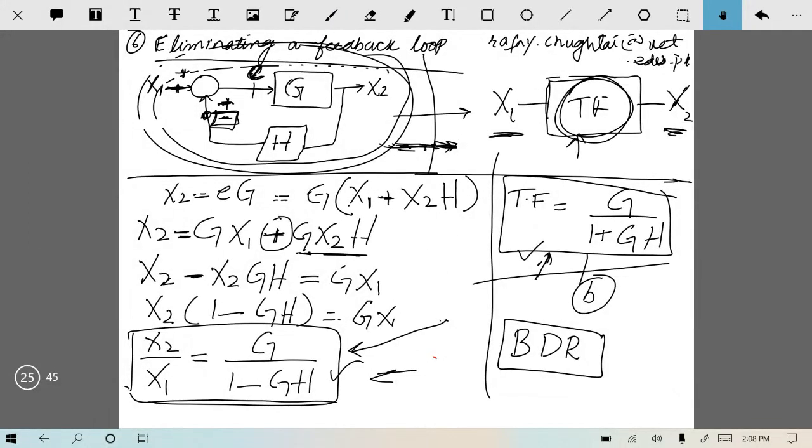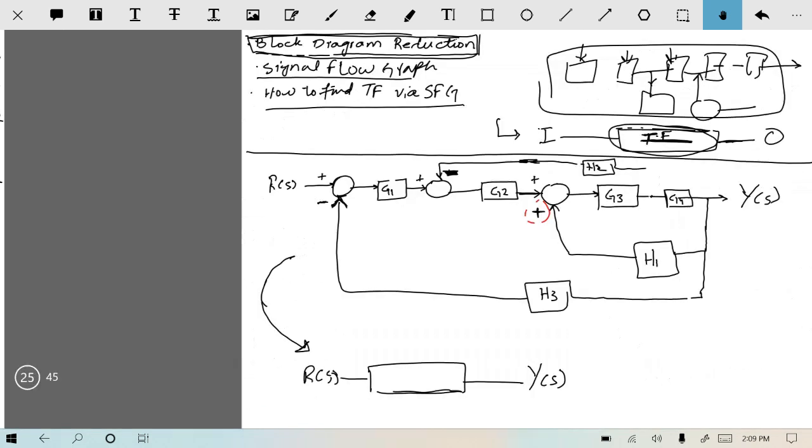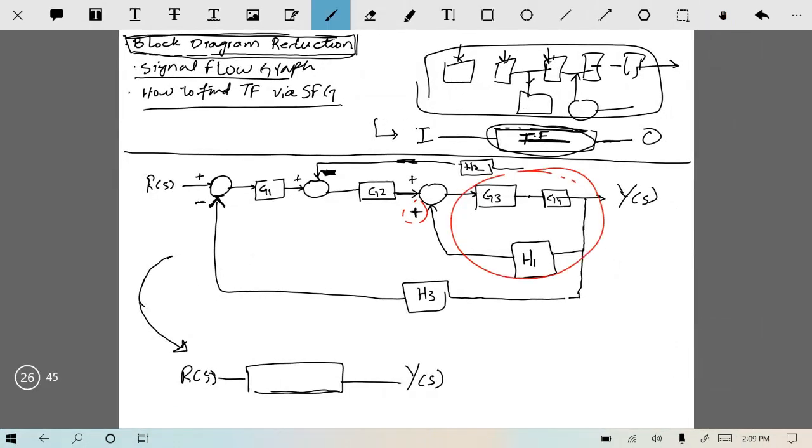So we know that for our positive feedback loop, the complete loop can be converted into G over 1 minus GH. So this complete loop would be converted into G3 G4 over 1 minus G3 G4 into H1. So this complete loop would become a single block.